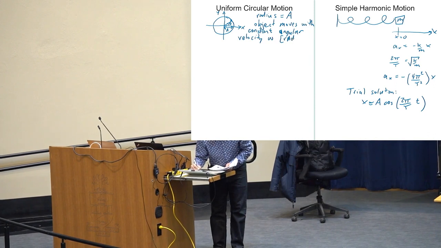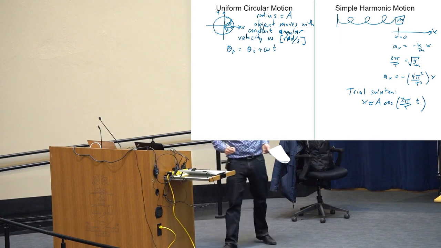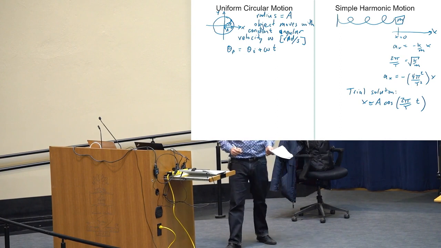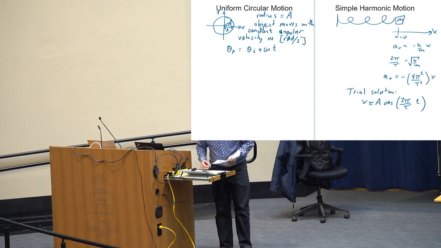So theta final is equal to theta initial plus omega times t. That's from your equations of constant angular acceleration. Actually, it's the equation of constant angular velocity.